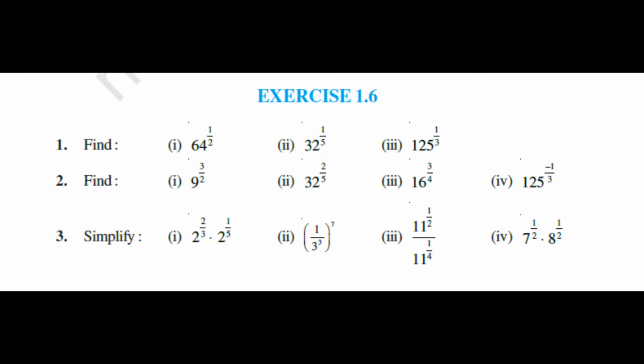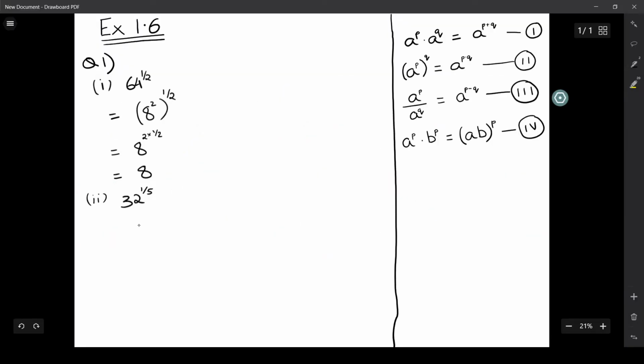Moving on to the second part. The second part is asking us to solve for 32 to the power 1 by 5. Now we know 32 is the fifth power of 2. It can be written as 2 to the power 5.